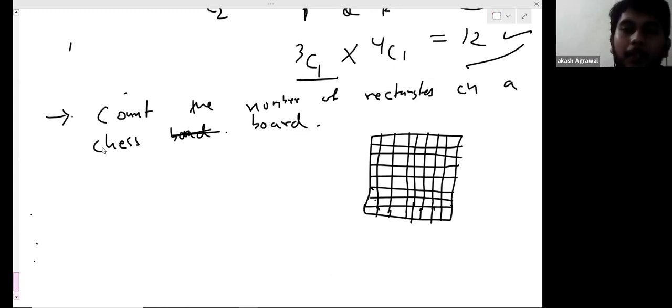Look, if we look at these small ones, then they are squares, right? But suppose I look at this. Is this a rectangle or a square? Rectangle. But this is also a rectangle. So they are asking you to count these.